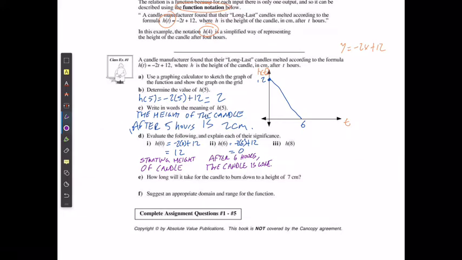And for the last one, h as a function of 8 is going to equal negative 2 times 8 plus 12, which is going to give me negative 4.